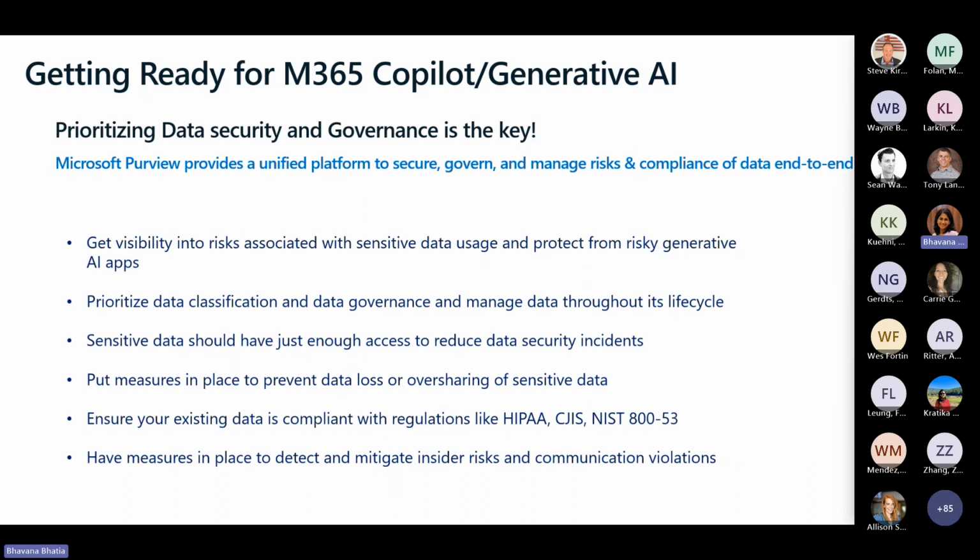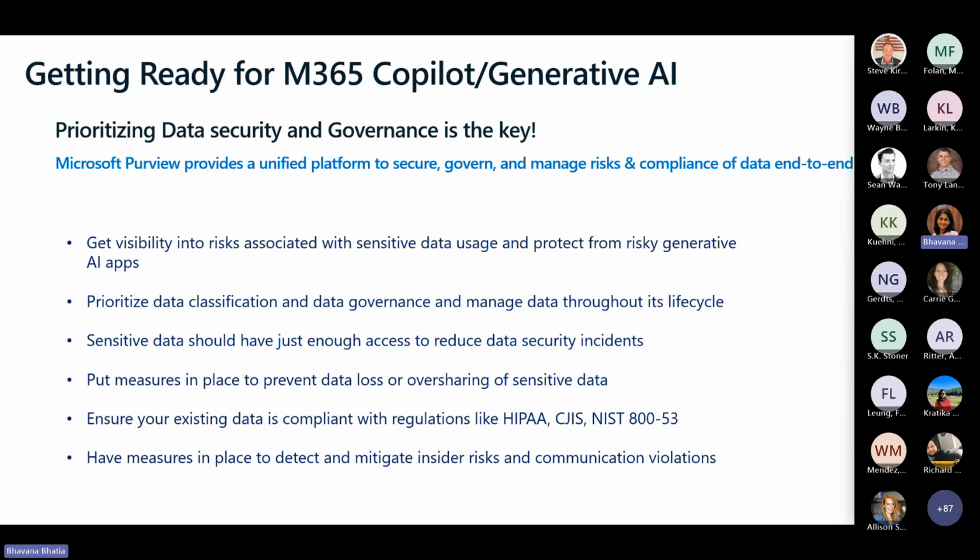Next, it's also important to ensure that any sensitive organizational data has just enough access so that you can reduce data security incidents. If proper access and rights management are set up on the sensitive content, then that sensitive content will not show up in the Copilot responses for users who are not supposed to see them. You can also put measures in place to prevent leakage of sensitive content and prevent oversharing of sensitive data.